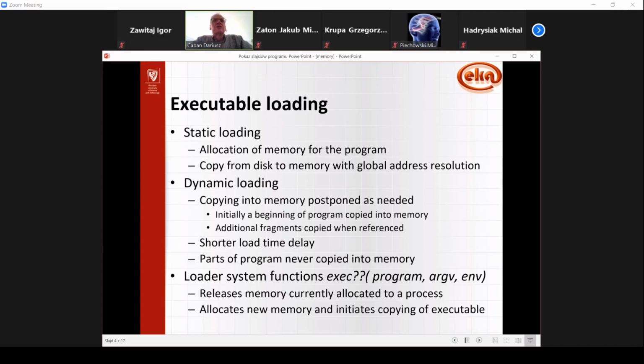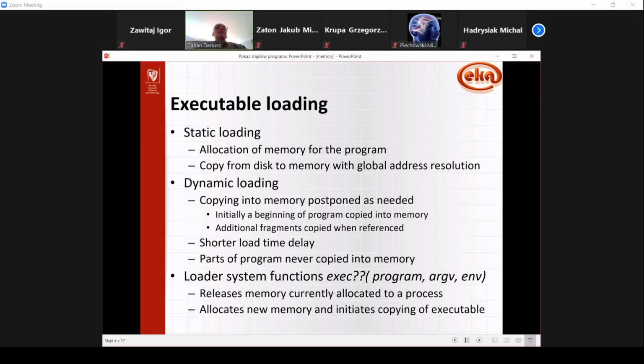They just use a few functions that they know about and don't bother to learn anything more. That means that if you copy fragments of code only when you need them, there will be parts of the executable file which will not be referenced at all, and they will never be copied into memory.